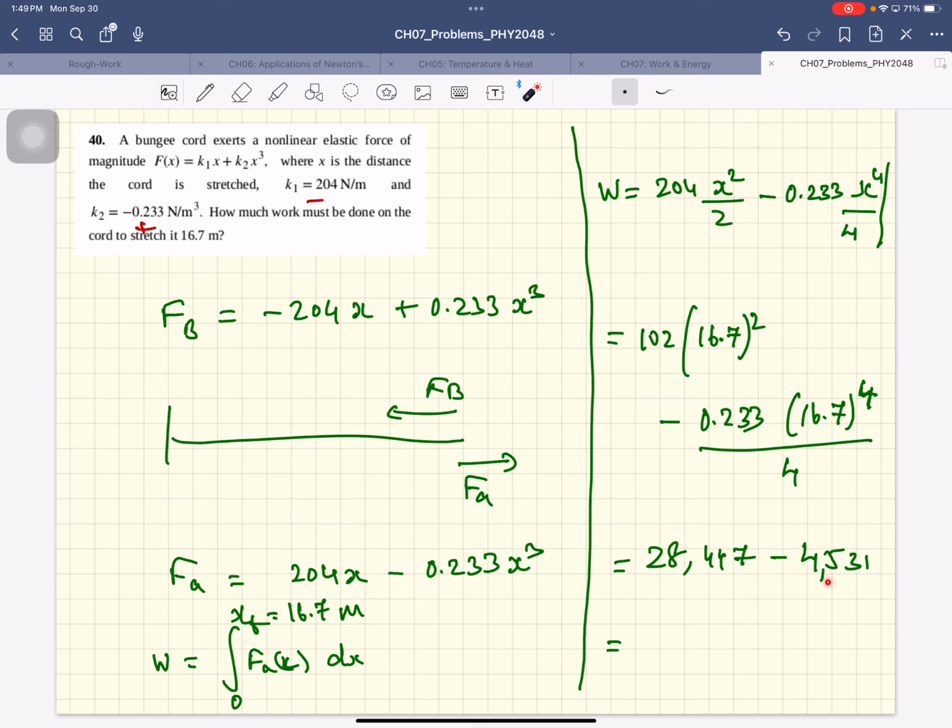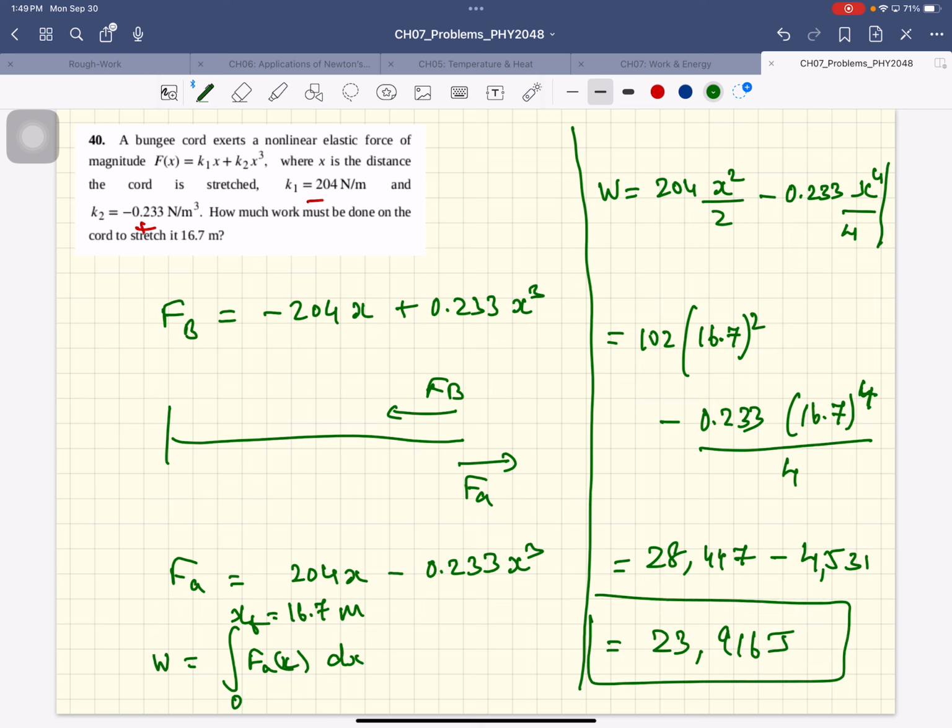But since it got softer, you have to do that much less work. All right. So again, just doing integrations for a variable force.